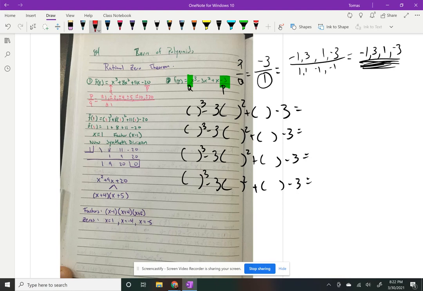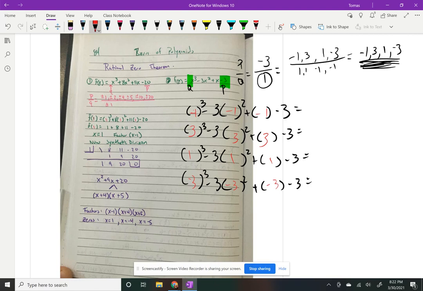So on my first go around, I'm going to try -1. The second one, I'll try 3. And then 1. And then -3. Okay. Doing this will actually help you understand.